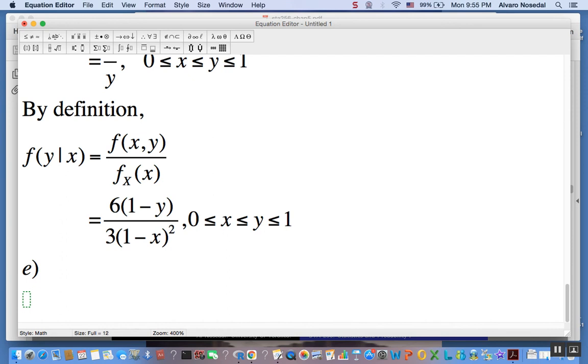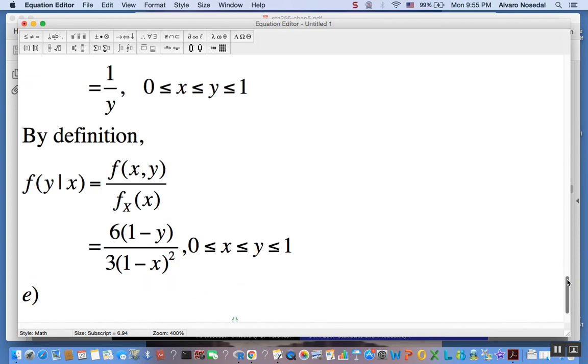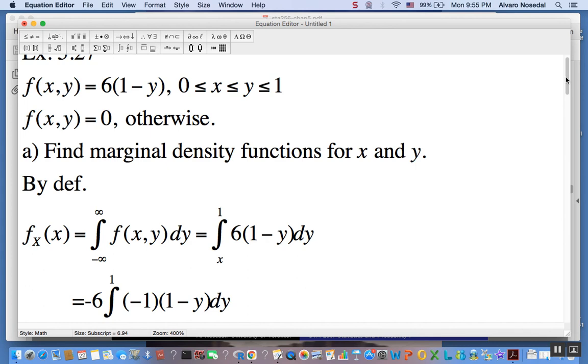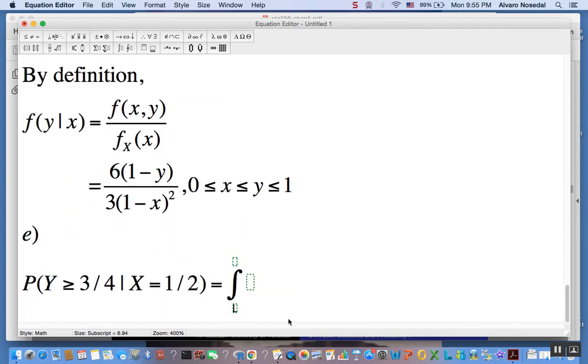Let me just translate to our labels. What we have is the probability that y is greater or equal to 3/4 given that the random variable x equals 1/2. So that's a given. Basically what we want is the probability that y, which we know must be between 0 and 1, is greater than 3/4 and up to 1.